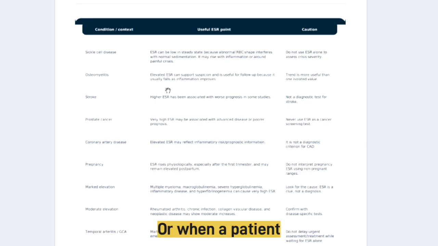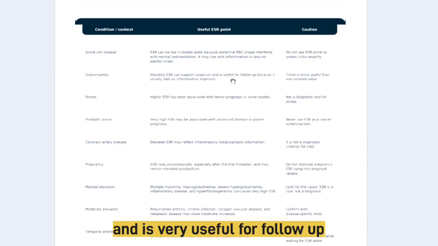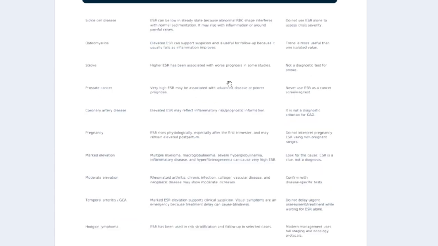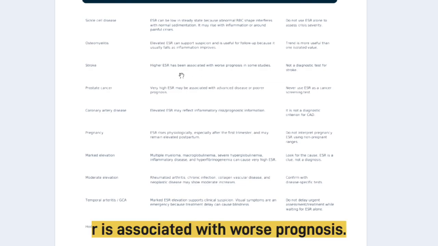When a patient has osteomyelitis, elevated ESR can support suspicion of osteomyelitis, and it's very useful for follow-up. During a stroke, higher ESR is associated with worse prognosis.